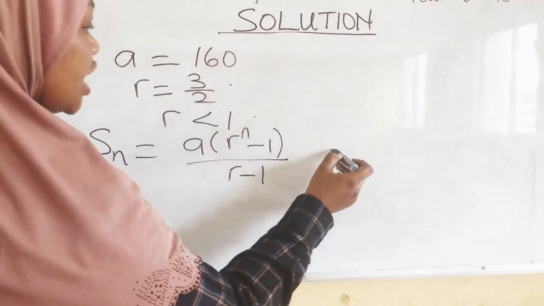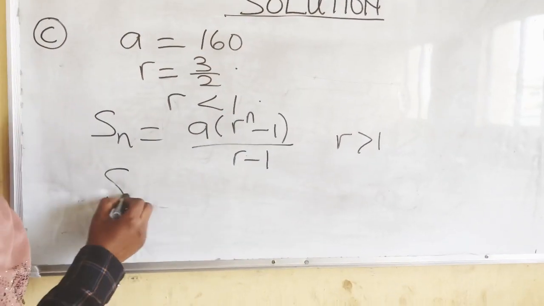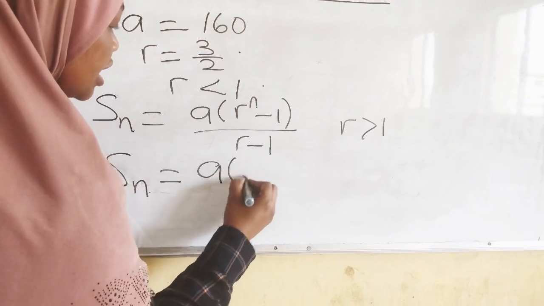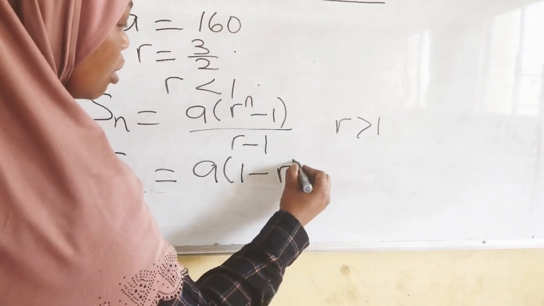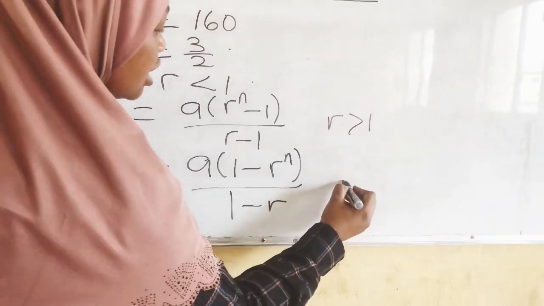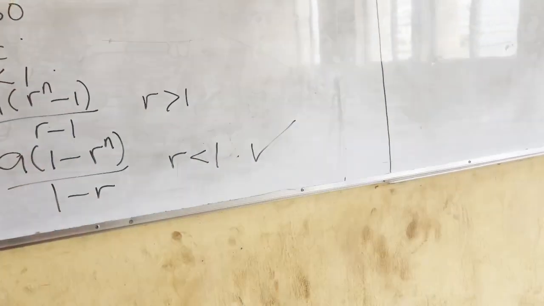So this is when R is greater than 1. For the case where R is less than 1, we use A into brackets 1 minus R raised to the power n, everything over 1 minus R. So here is the formula that we are going to use.